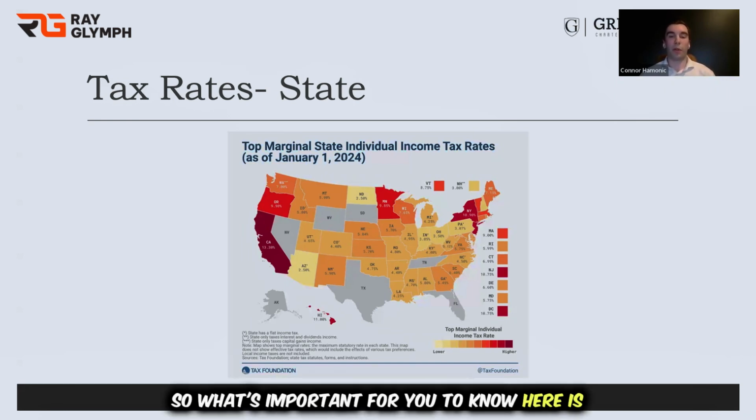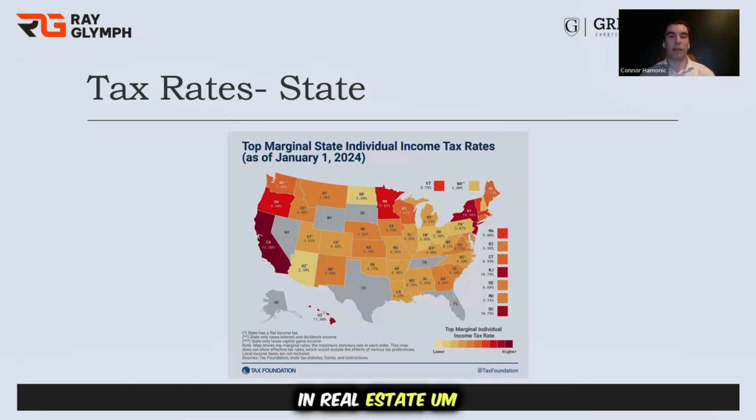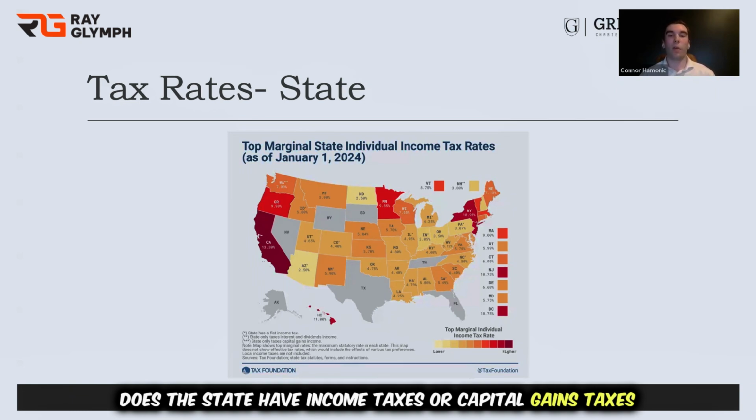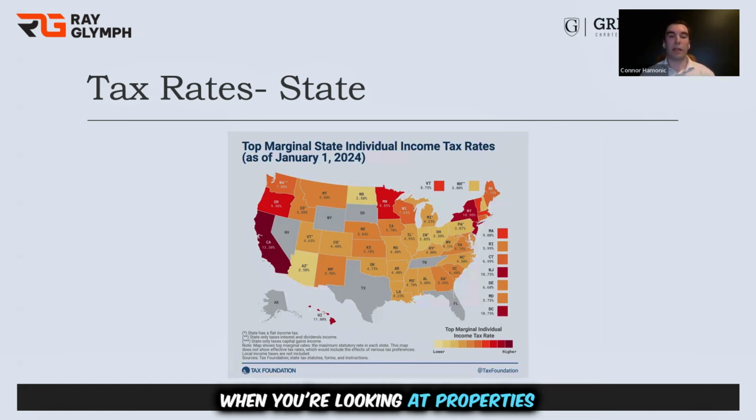So what's important for you to note here is when you're looking at investing in real estate in the US, make sure you do your homework on the state that you're investing in. Does the state have state taxes? If so, does the state have income taxes or capital gains taxes? These are some of the questions that you'll need to ask yourself when you're looking at properties and trying to decide which state to invest in.